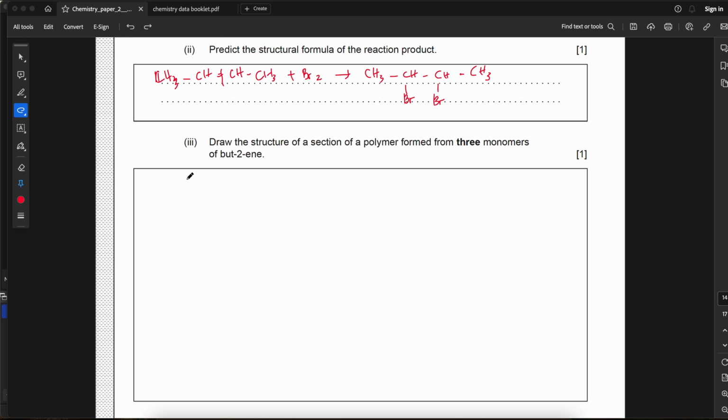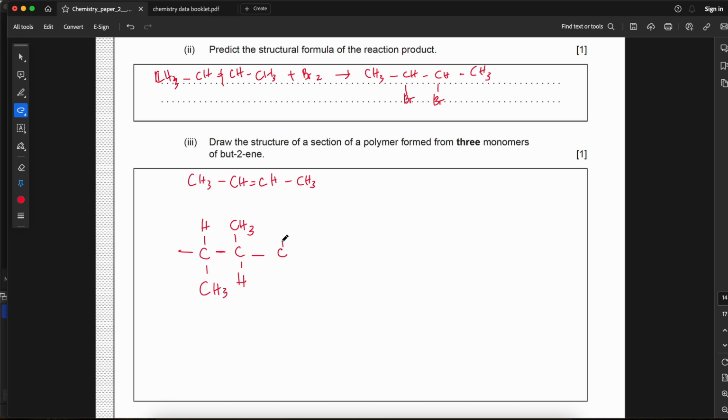Okay, so but-2-ene structure, it's CH3, CH, double bond CH, and CH3. So for the polymer, that would be CH, I start from here, and CH3, this, and the other one CH, CH, and CH3.